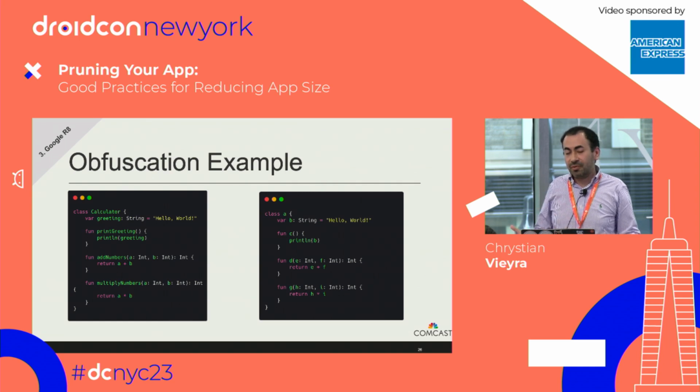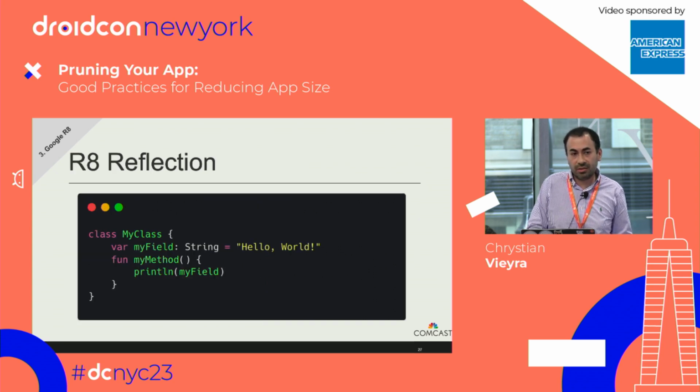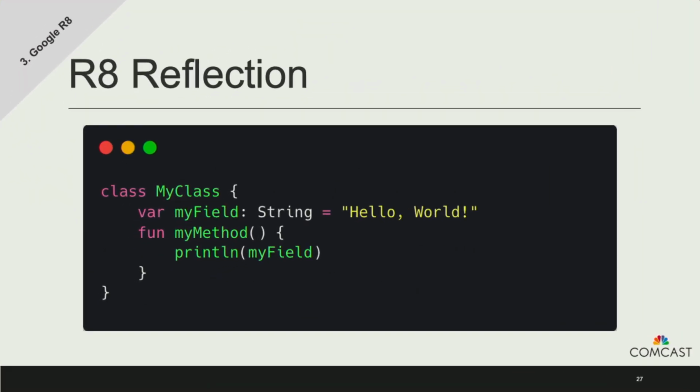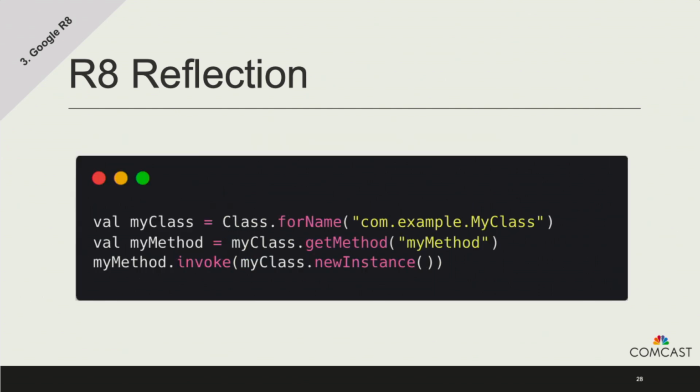So I don't know if many of you are thinking, could this be problematic? And it could be if you're using reflection. Here's a little example again. I have my class, I have a field, I have a variable, and I have a method. If I run R8 on it, and I try to call this by reflection, my code will crash. And why? Because if I try to call it like this, calling my class and calling my method, if I applied R8, those names are no longer valid.